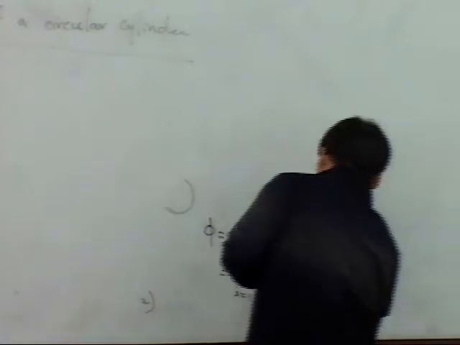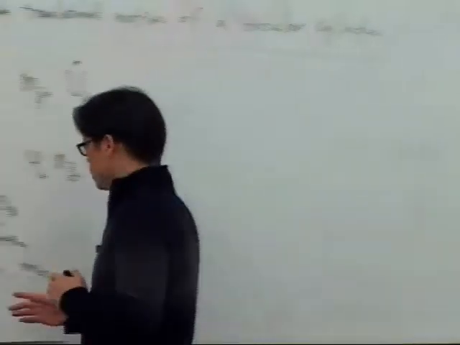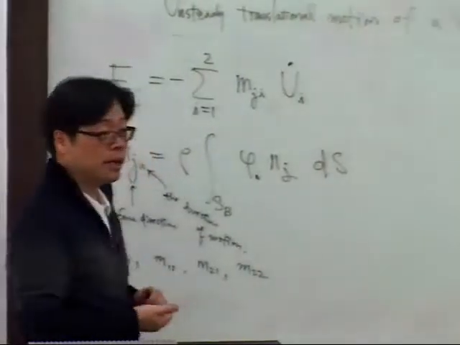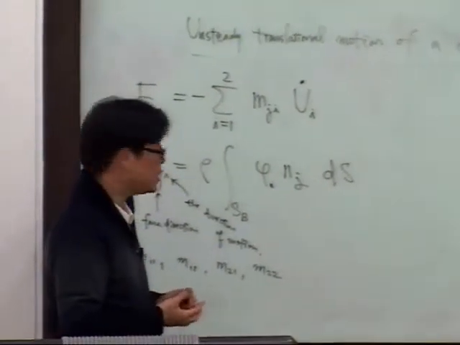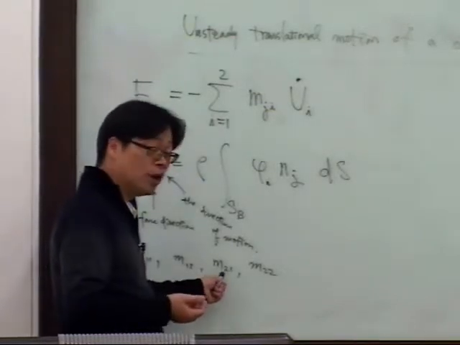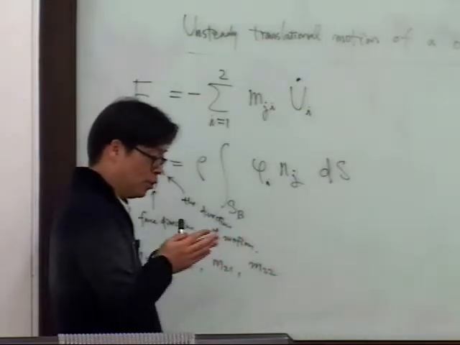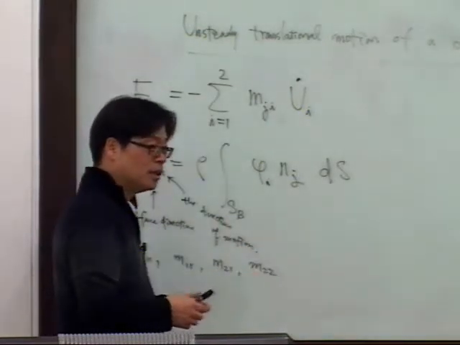So as I said, if the body has some symmetry, then some of these can be zero. For a circular cylinder, we know M12, M22, M21 are zero. When the body is moving in this direction, you only feel the force in that direction.